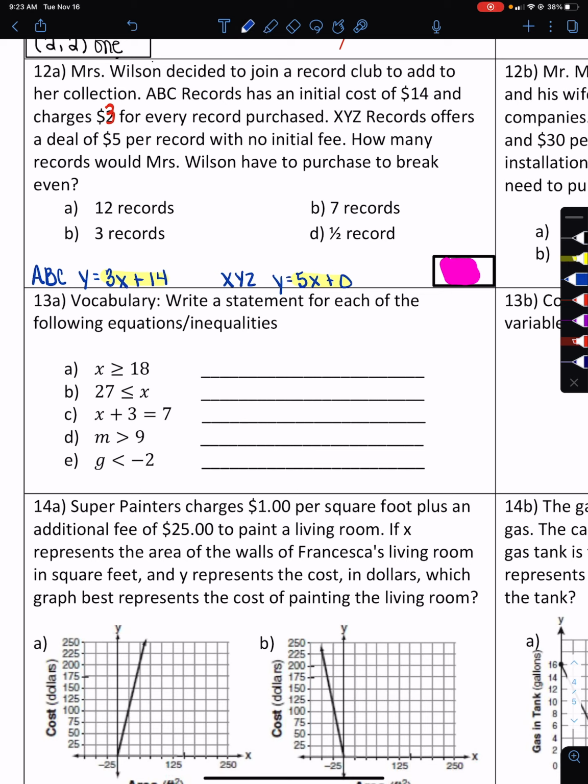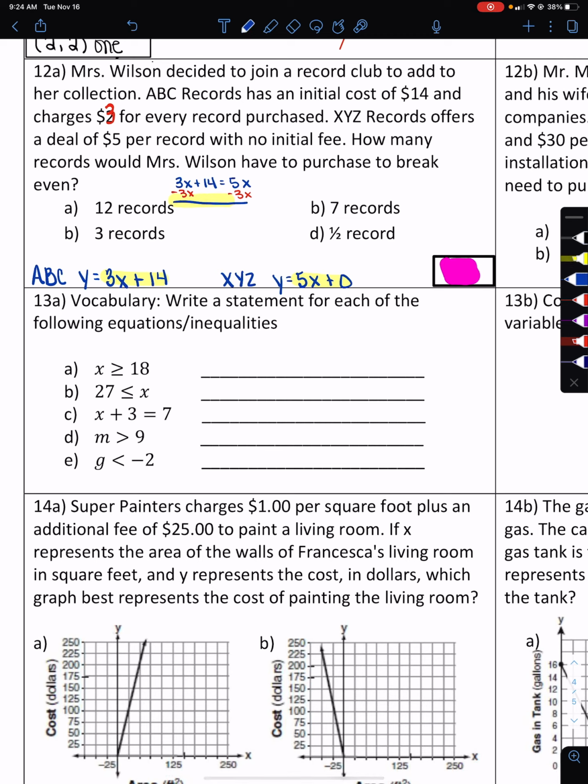So let's go ahead and do that. I'm going to squeeze that here in the middle. So I have 3x plus 14 is equal to 5x. I don't need to put that 0 there. All right, we have to get all our x's to one side. Move the smallest value of x. So I'm going to subtract the 3x from both sides.